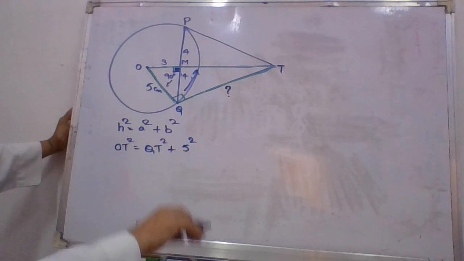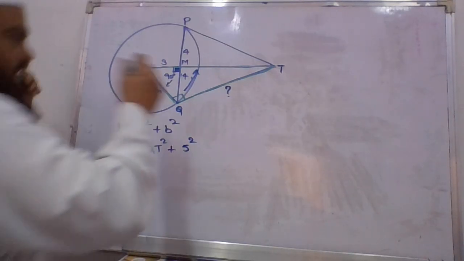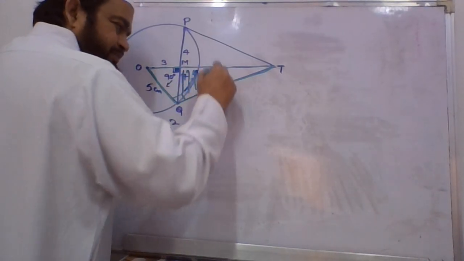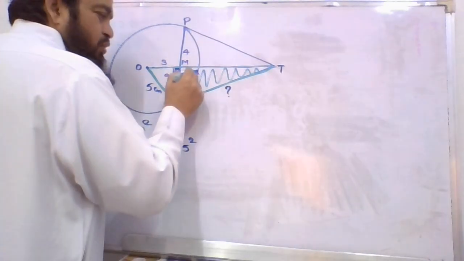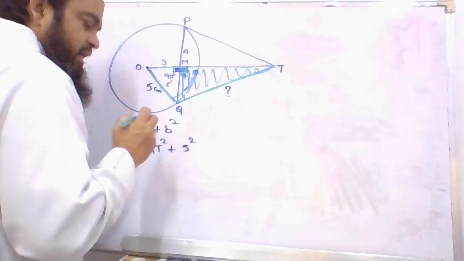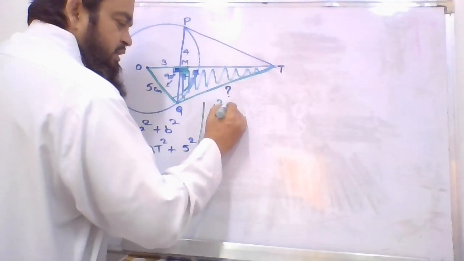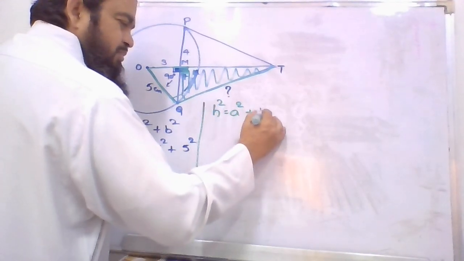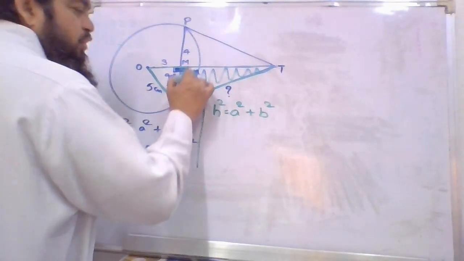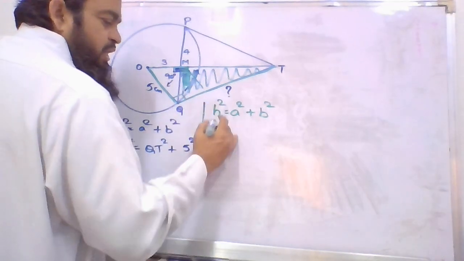So now in this triangle, only in this triangle, what is the angle? This is also 90 degrees. So let me take this triangle. Hypotenuse square is equal to altitude square plus base square. Okay, so in this triangle, what is hypotenuse? QT.